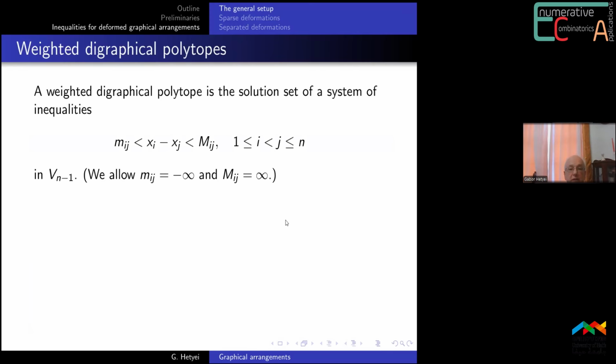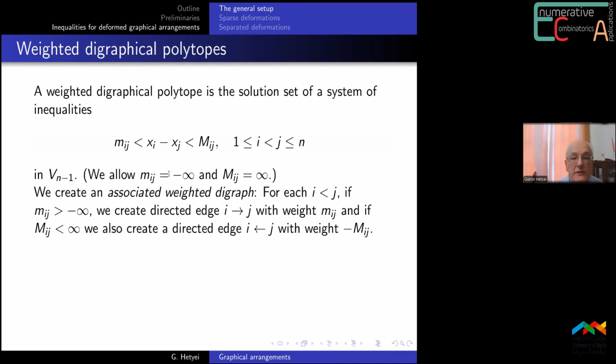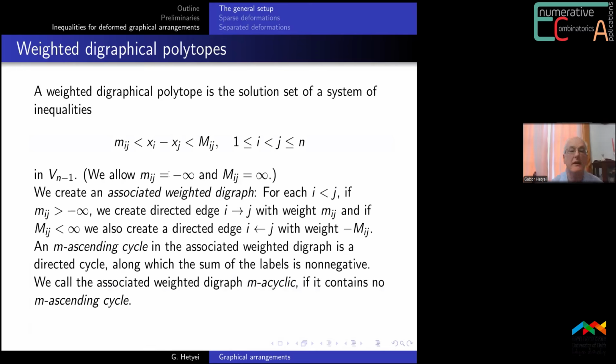Okay, and so here is the next technical slide, and you can read it. Let me explain in human words what this slide is about. If all my inequalities are of the form xi minus xj is greater than some number or less than some number, then each region that's created is defined by a set of such inequalities. I call this a weighted digraphical polytope. And then what you can do is associate a weighted digraph to this.